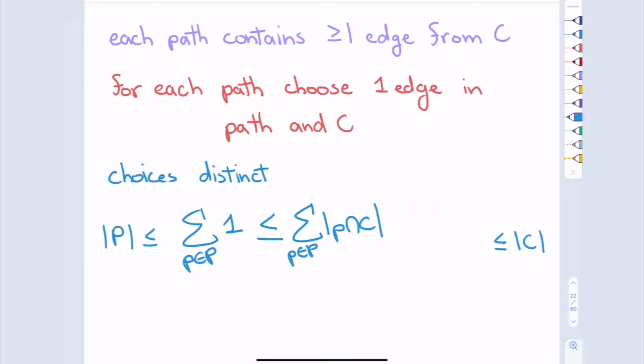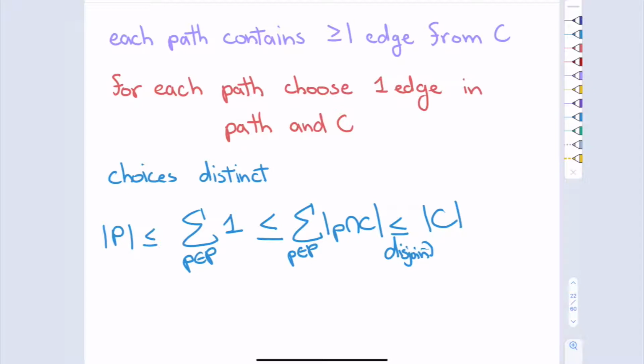So if I took the intersection of the path, treating it as a set of edges, with C, treating it as a set of edges, that's always at least one. And the great thing is that there's no overlaps in this sum because the P's are disjoint. So they're all summing different parts of the set C.